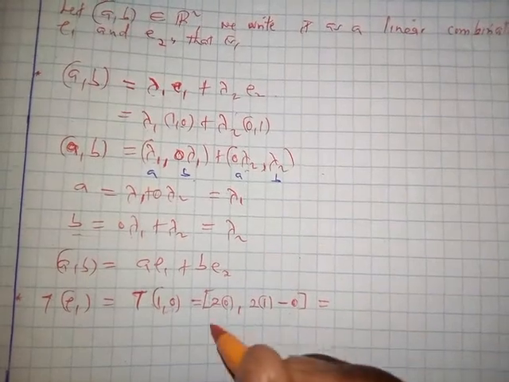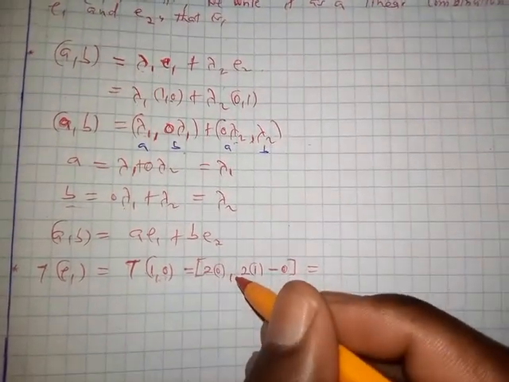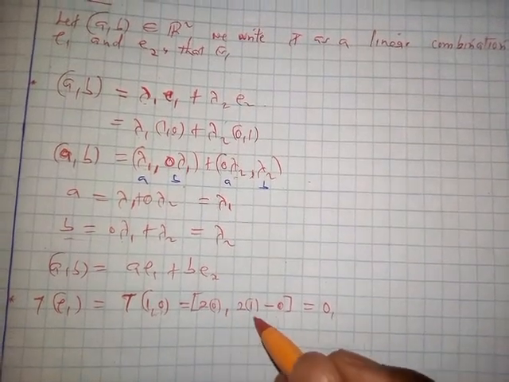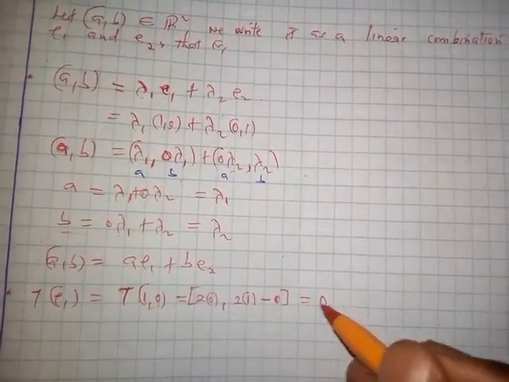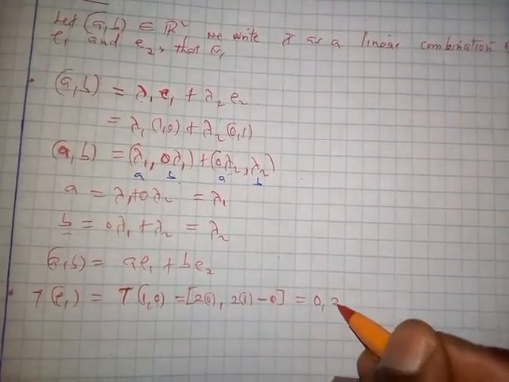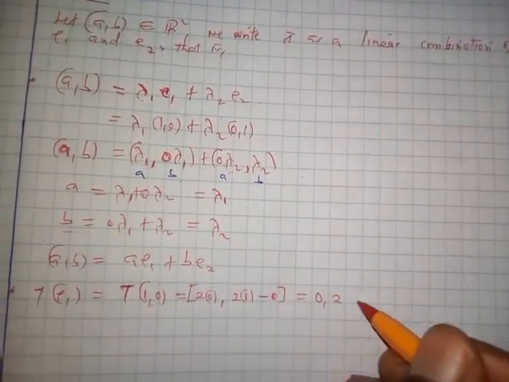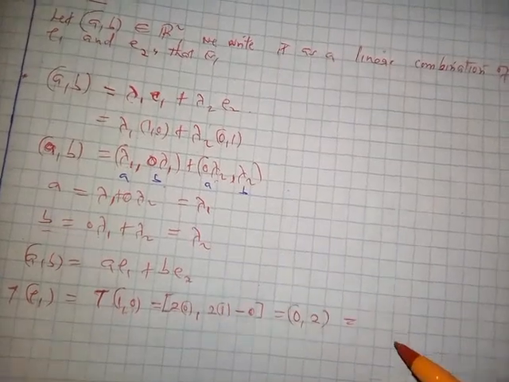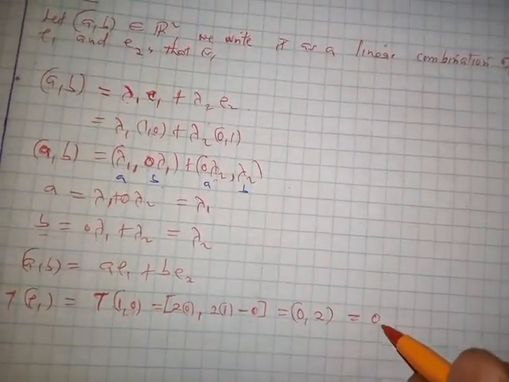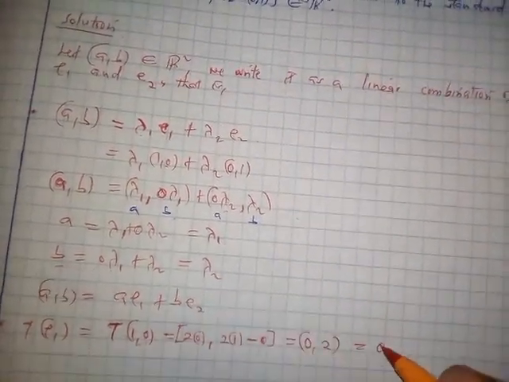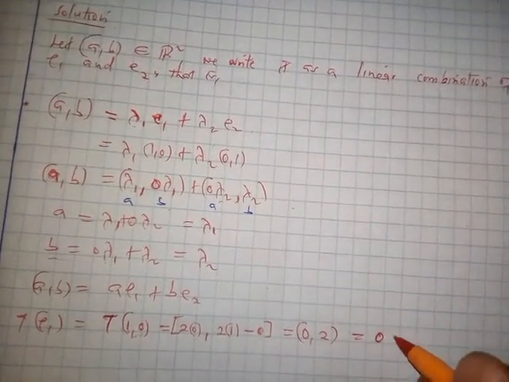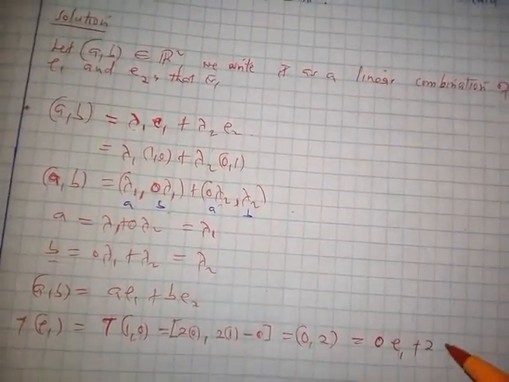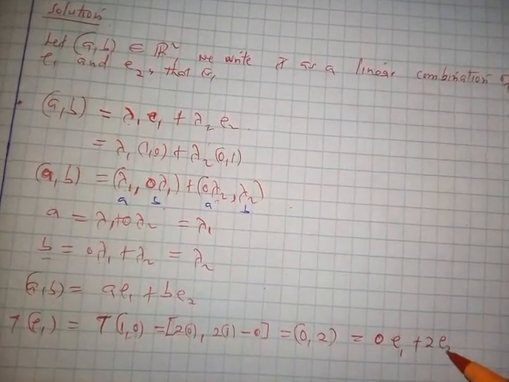So we have 2 times 1 minus 0 is 2. Are we there? And this gives us (0, 2), which is 0 E1 plus 2 E2.